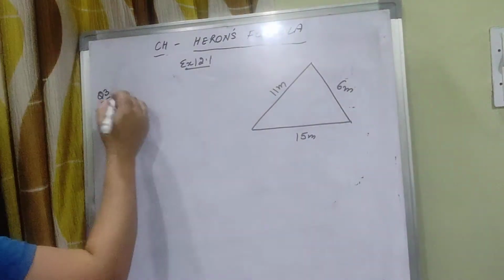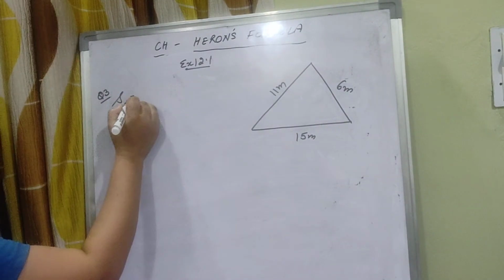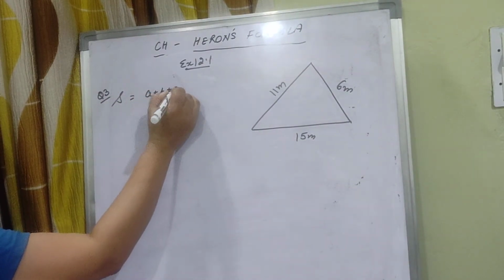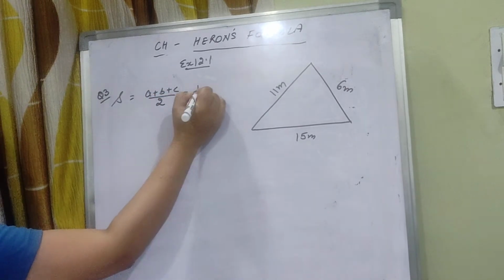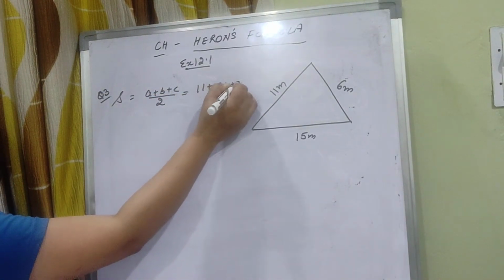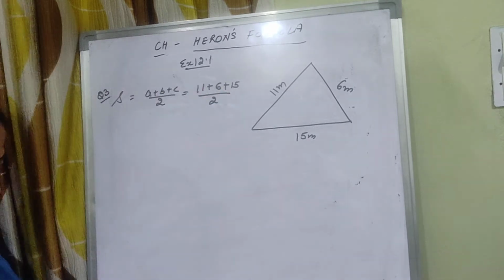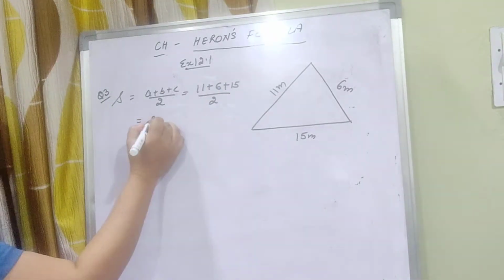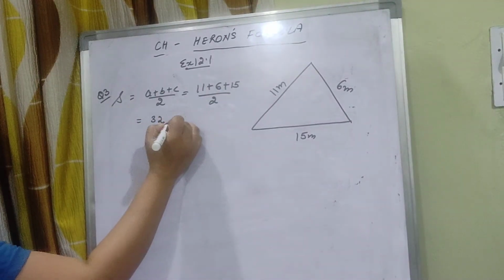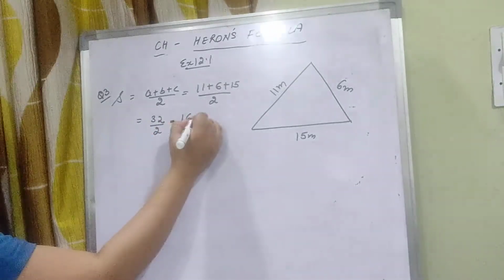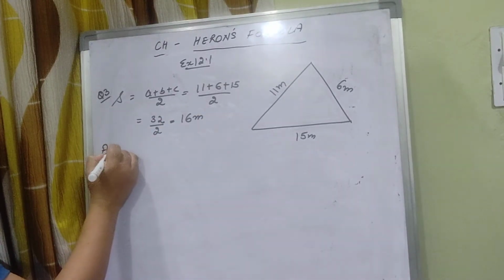Now first we will find the semi-perimeter, S, which is equal to A plus B plus C over 2. 11 plus 6 plus 15 over 2, which is 32 over 2, equal to 16 meter. Now we will apply the formula.